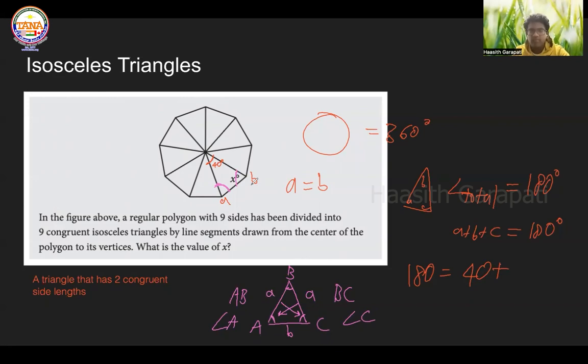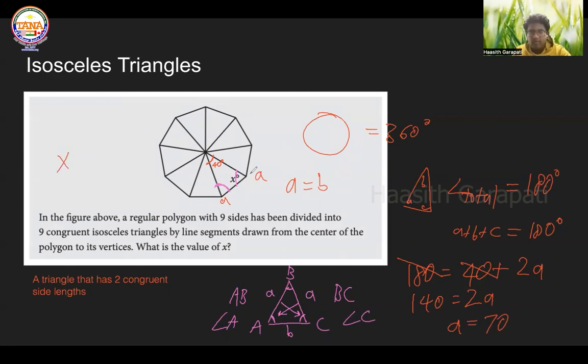So if A is equal to B, we can just say that this angle over here is also considered A. And then we can say 180 is equal to 40 plus 2A. Then we subtract 40 from both sides. We get 140 is equal to 2A. And then we get A is equal to 70.